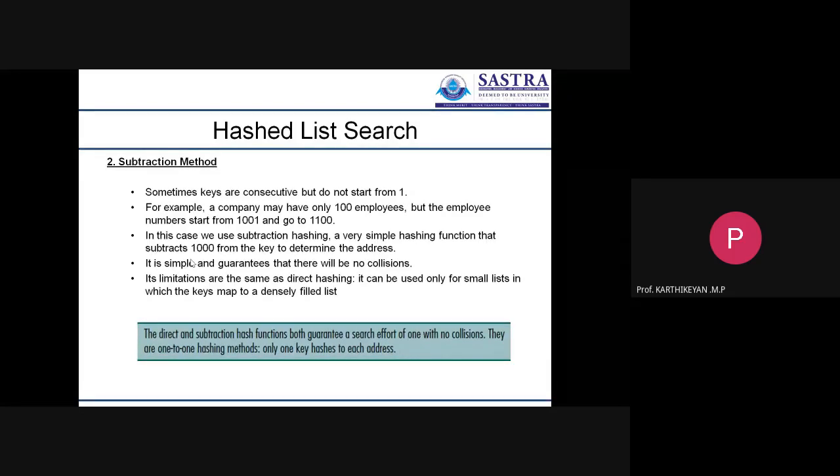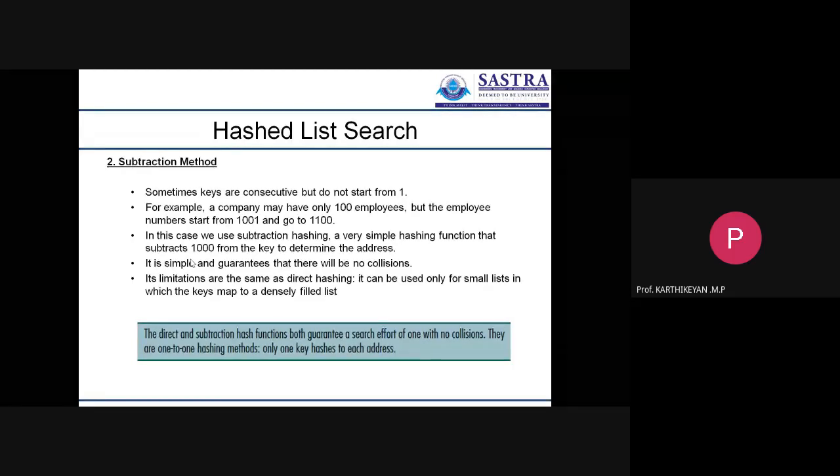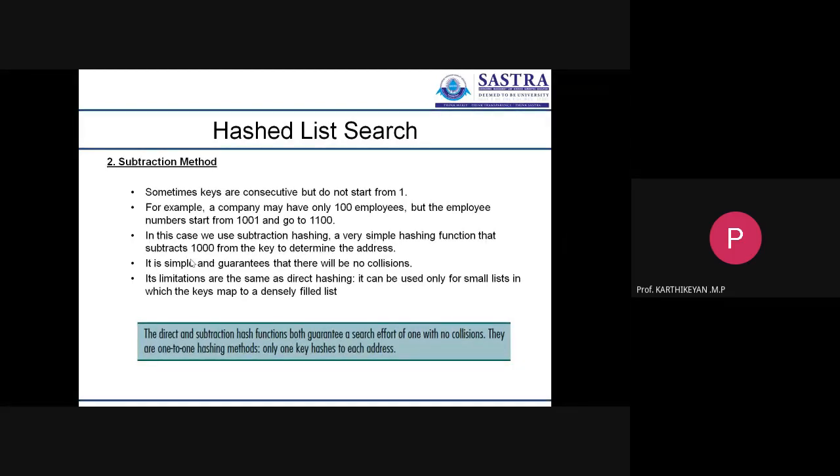If you want to use a 12-digit number as an index in your array, you need to create an array of that much length. But you are going to store only 100 employee details. So if you map the Aadhaar number as an index, you need to create that much length of array, that is the first thing. And in an array of that size, we are going to use only 100 cells.